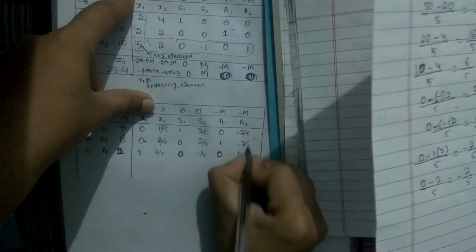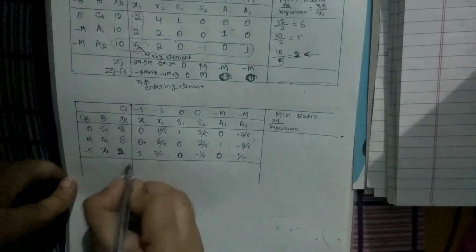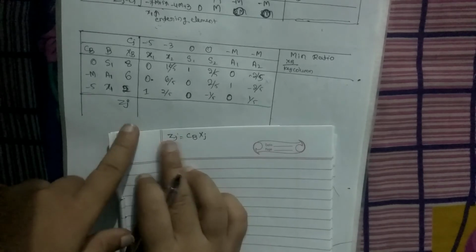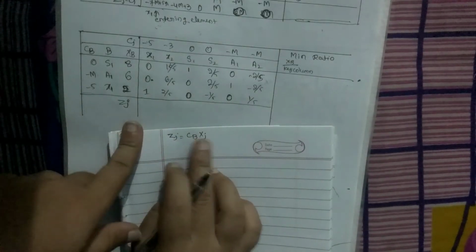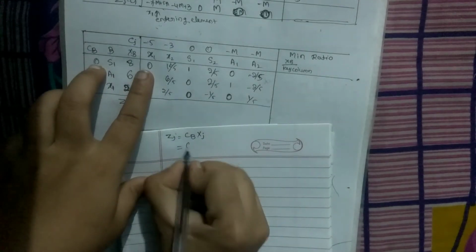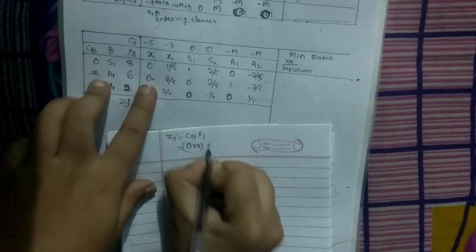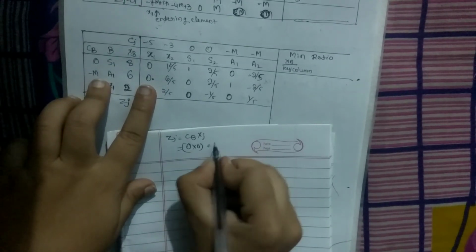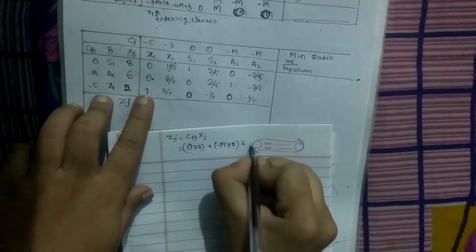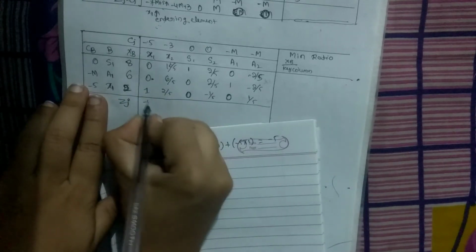Then we have to find Zj value. The formula is Zj equal to Cb into Xj. In the first row, Cb is 0 into 0 plus, and next is minus 1 into 0 plus minus 5 into 1 become minus 5.